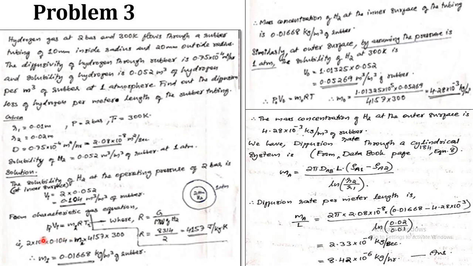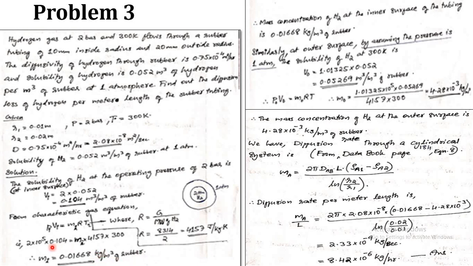If we substitute all these values, you will get the mass, not the mass flow rate but the density of the hydrogen at the inside. That is the mass concentration inside. M1 is ρA1, equal to 0.01668 kilogram per meter cube of rubber.